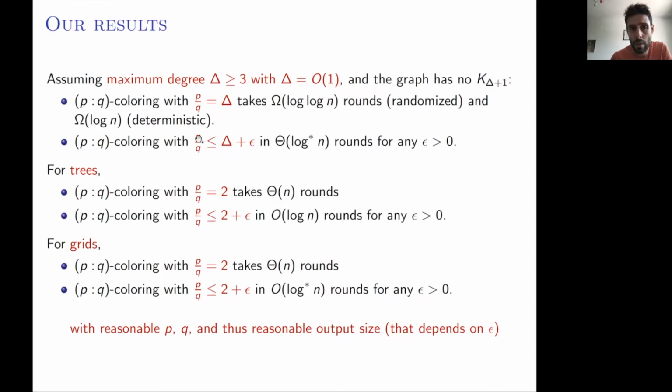For this, it will be enough to fix any Q and take P equals Q delta plus 1. So Q delta plus 1 divided by Q is delta plus 1 over Q, so it's delta plus epsilon. So we want to find a Q delta plus 1, Q coloring for any fixed Q.